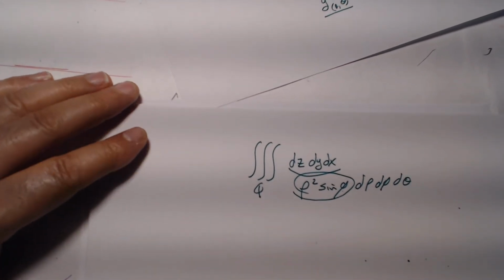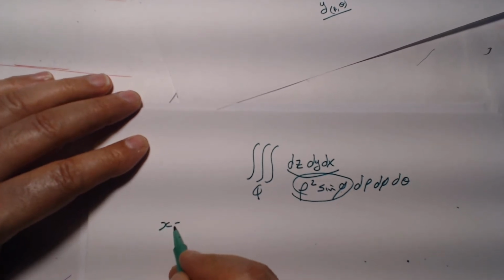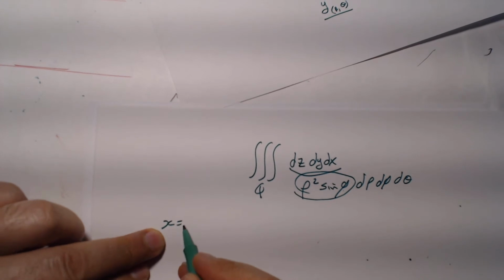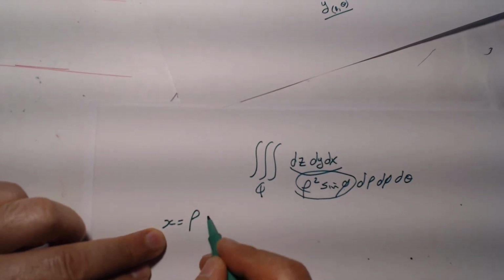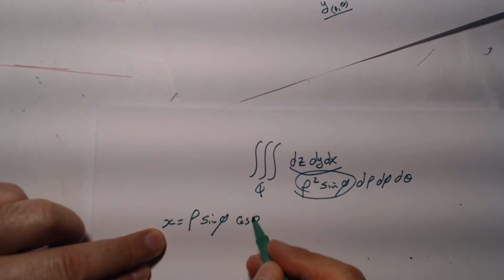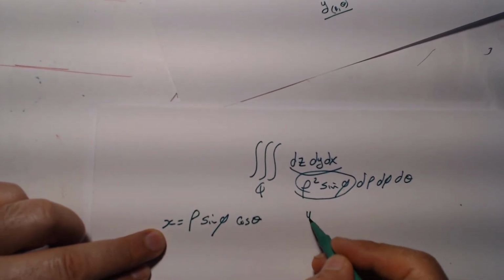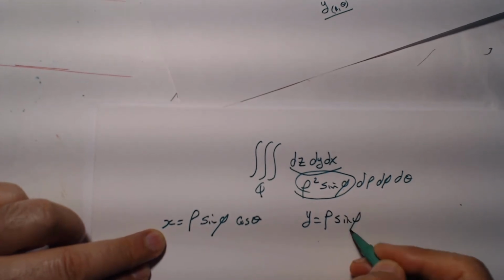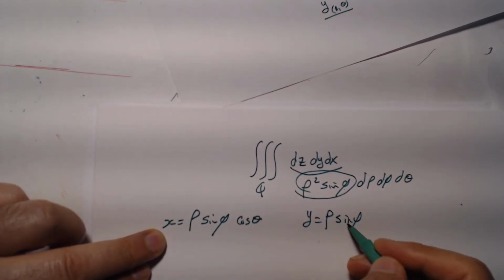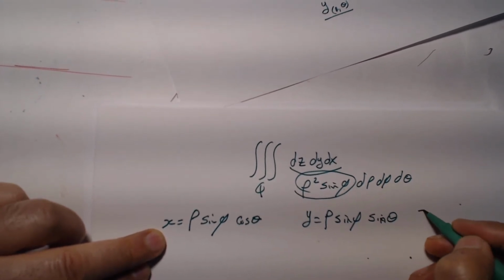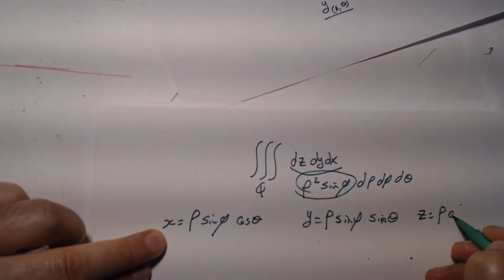Very easy. X in spherical coordinates is r cosine theta, but r is rho sine of phi, so x is rho sine of phi cosine theta. Your y is rho sine of phi sine theta, and your z is rho cosine of phi.